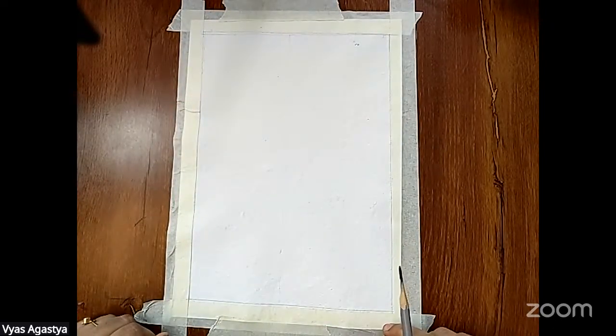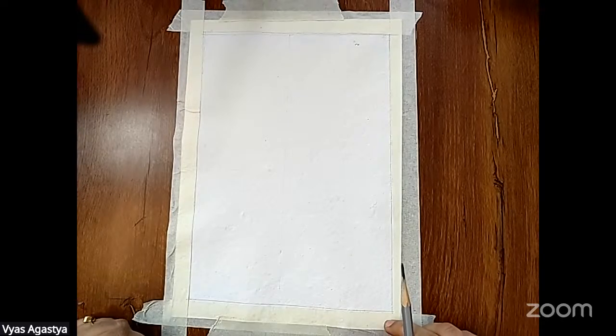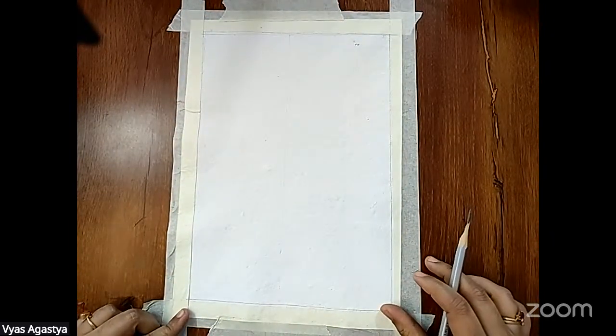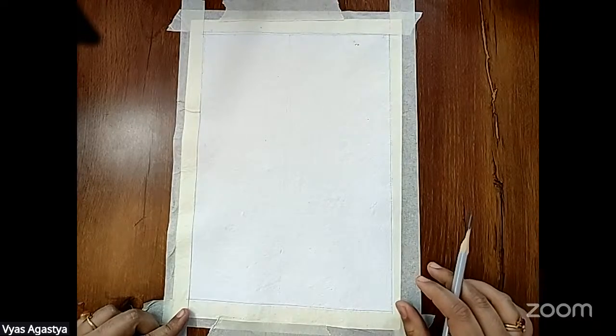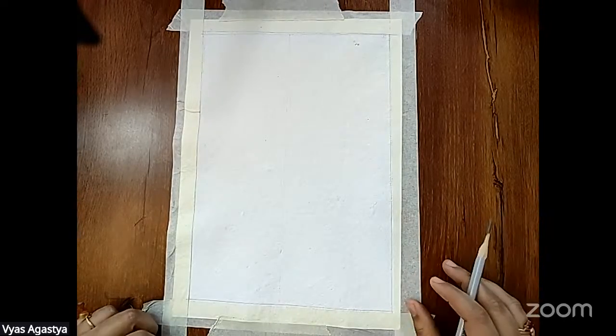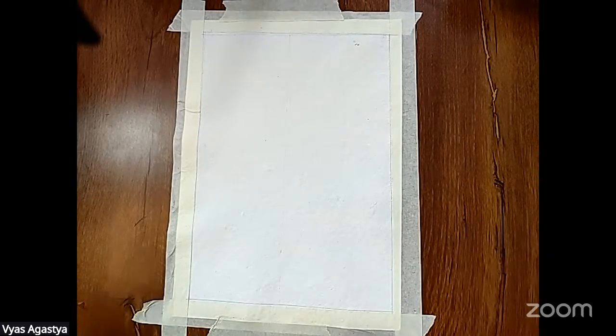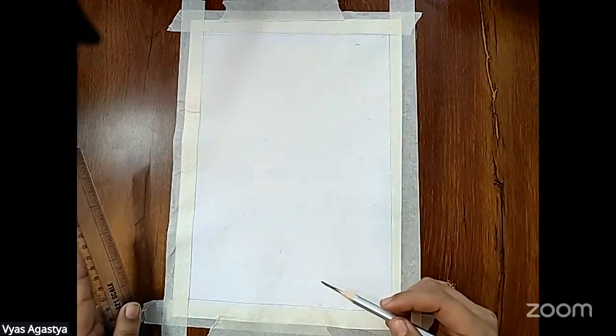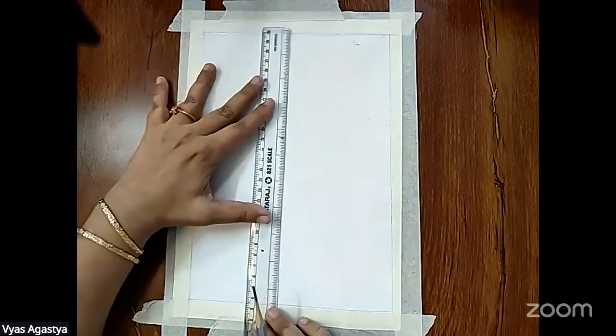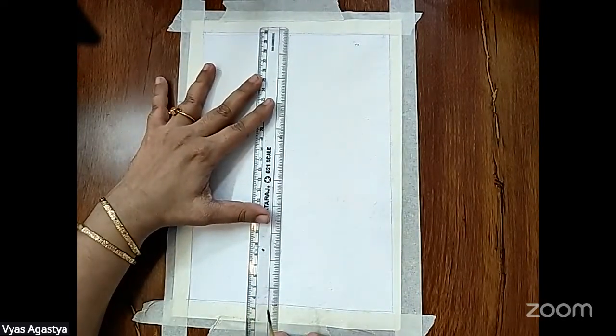Make a note: while drawing for watercolor painting, before watercolor painting, the drawing should be very light. Make a note, very light. It is an A4 size paper I am using. You can also use A4 size paper, or A3 size if you have it. That's fine. So this is the vertical line which I drew. It might not be visible, but please draw a vertical line.